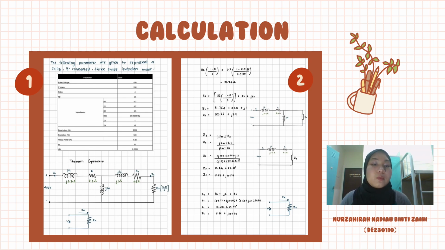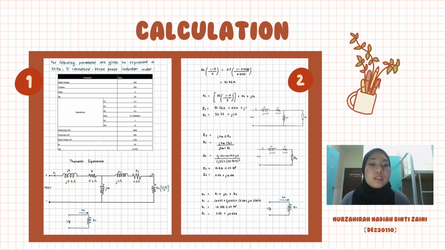Next I will talk about R2 multiply (1 minus S) divide S. We can get the answer, which is 31.76 ohm.